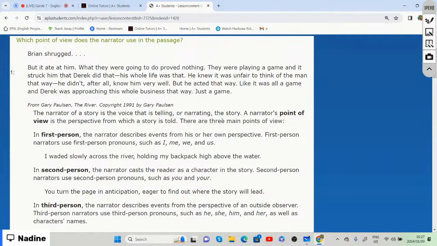Second person is where the narrator describes you, the reader, as one of the characters. And third person shows the point of view from an outsider, so it's an outsider's perspective. If we look at the pronouns being used, are we using first person, second person, or third person?